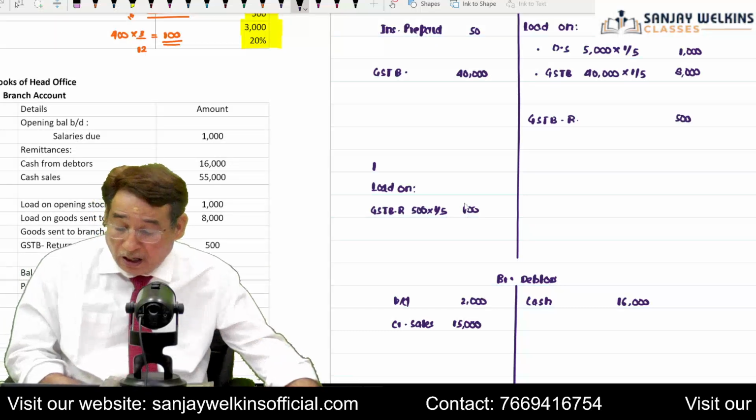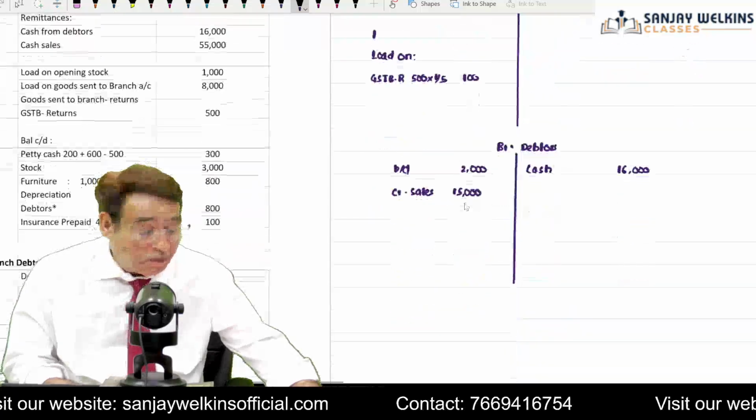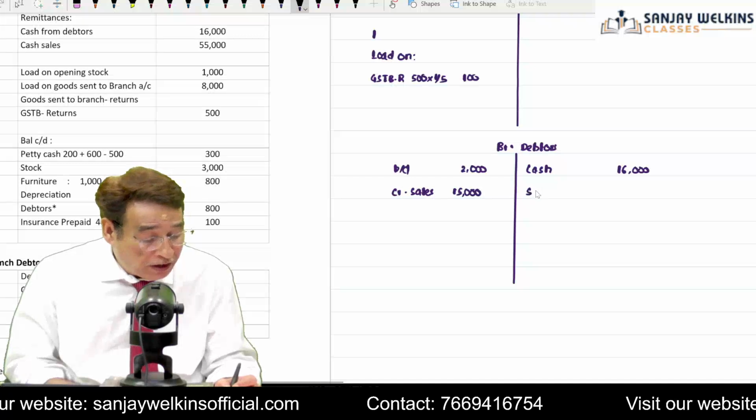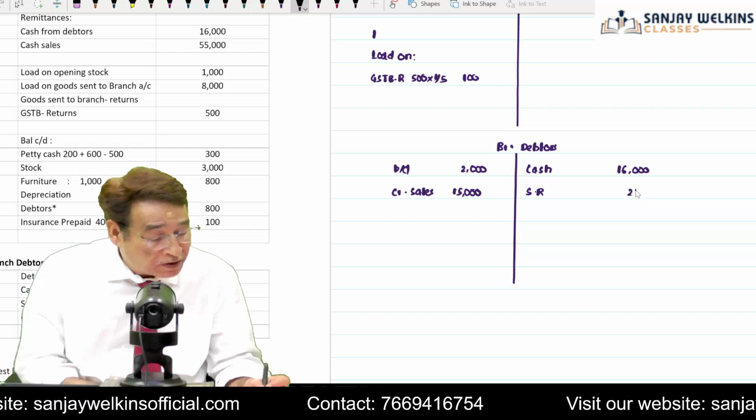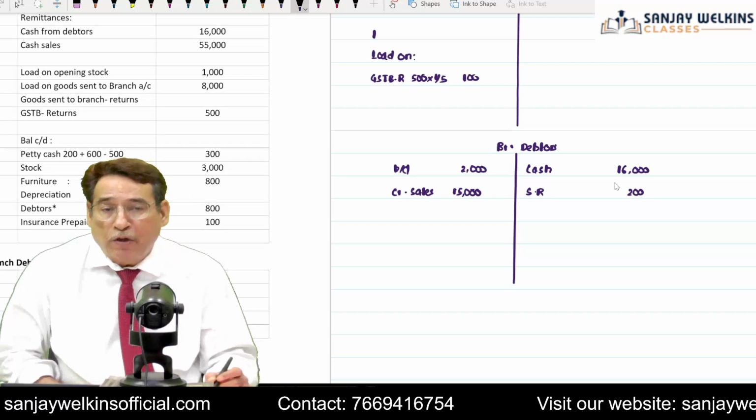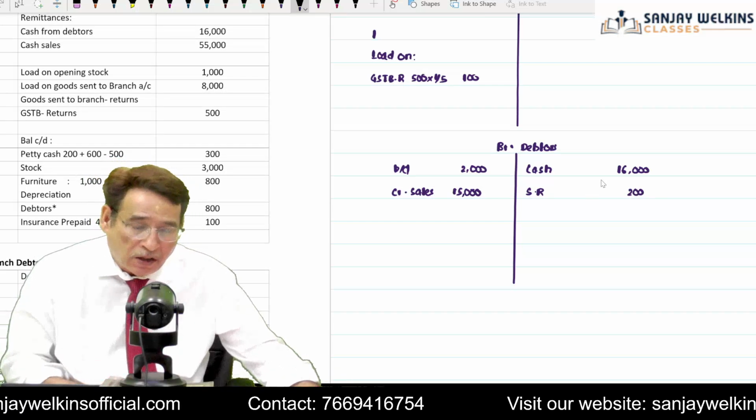Clear? After that, we are being given goods returned by debtors. So when debtors return goods, it is known as sales return or return inwards, and no loading is incorporated. I have already told you, because it is a transaction between branch and branch debtor.